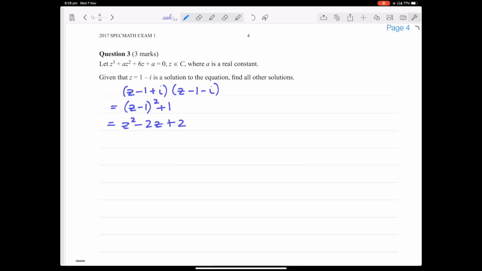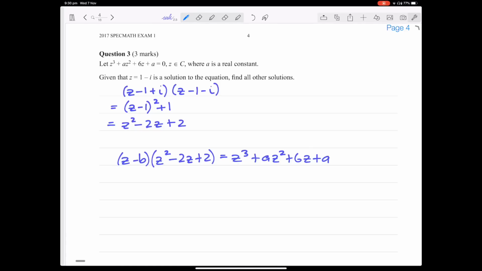Find all other solutions. Okay, so we know that if we had some value, z minus b, if that was my other solution, times z squared minus 2z plus 2, that would have to equal z cubed plus az squared plus 6z plus a.